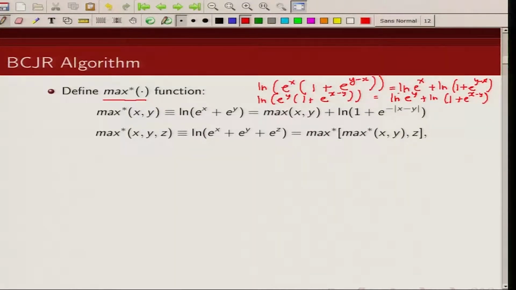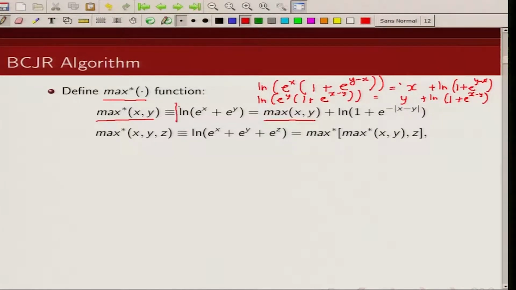And what is log of e to the power x? That is just x. So this can be written as x plus this, or y plus this. Or I can write max star of x, y as the maximum of x and y plus the natural log of 1 plus e raised to the power minus the absolute value of x minus y, right.